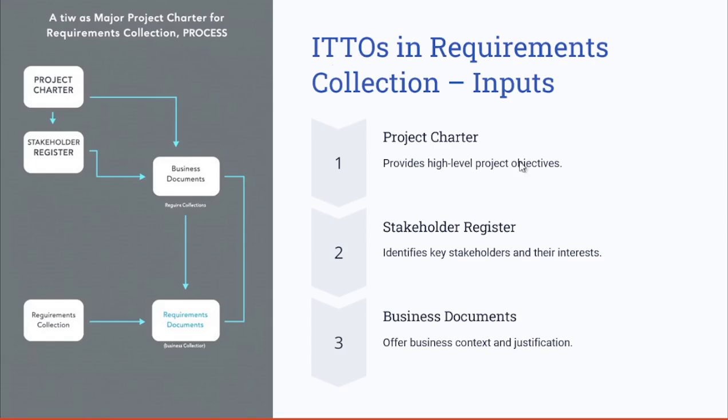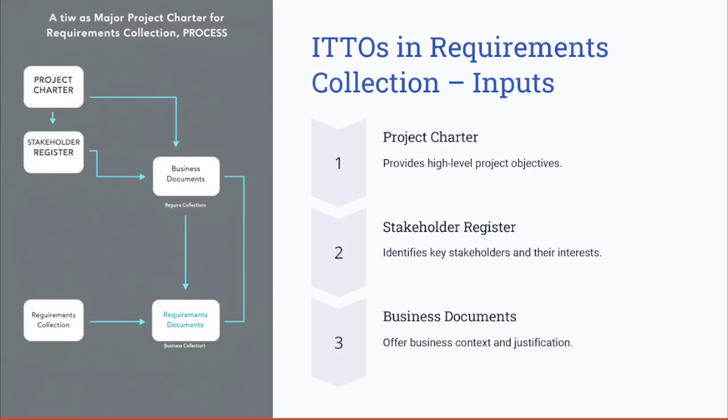Again, let's have just an overview of the key ITTOs in requirements collection. We say the inputs include the project charter, which provides a high level of the project objectives, and the stakeholder register, where you have identified all of these stakeholders when you initiated the project. So you identify the key stakeholders and their interest and impact on the project.